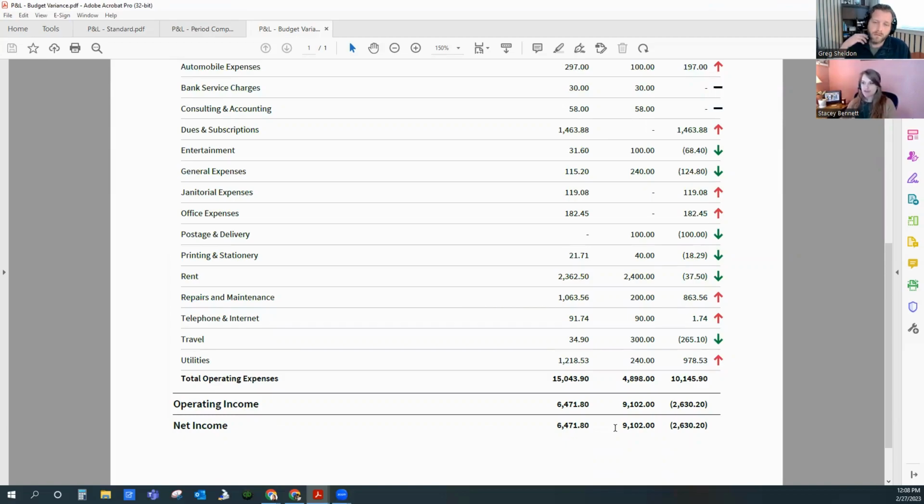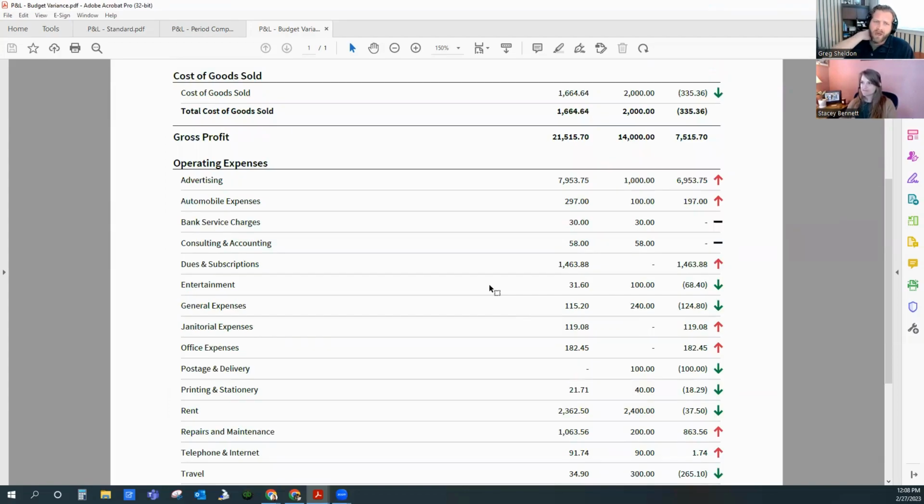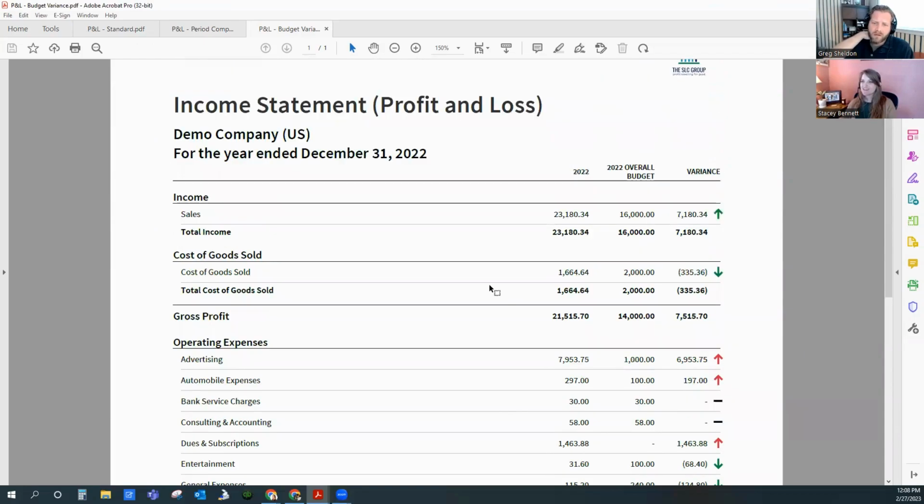So how does this relate to what's in the bank account? Because I know that a lot of times it's just like, hey, bookkeeper, how much money is in the bank account? I mean, they're related, but how are they related? They are related, and they're not as closely related as business owners think.